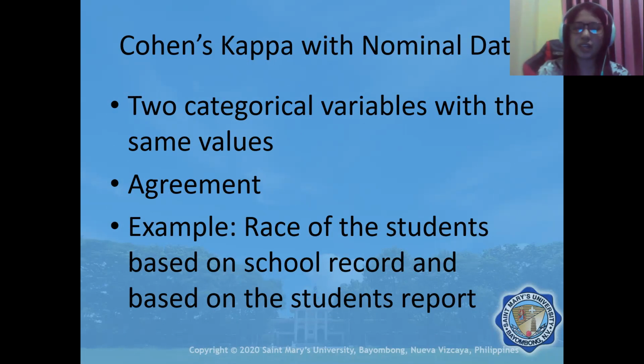For instance, here, we have the race of the students based on the school record, and the other one is based on the student's report. So obviously, race is a nominal data, and we have two categorical variables of the same values because it's both race. Race based on the school record and race based on the student's report.